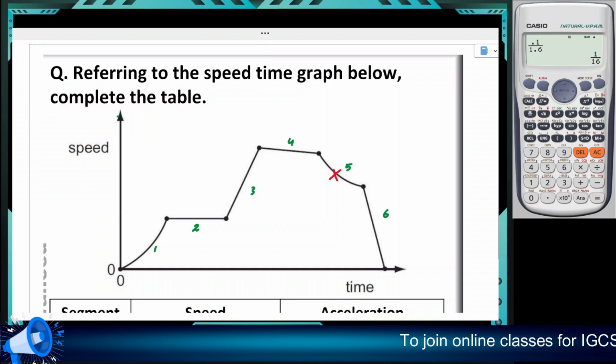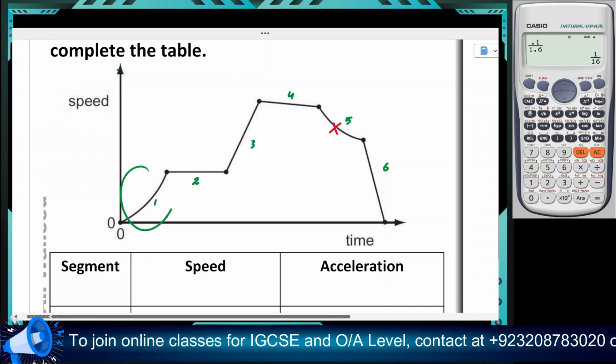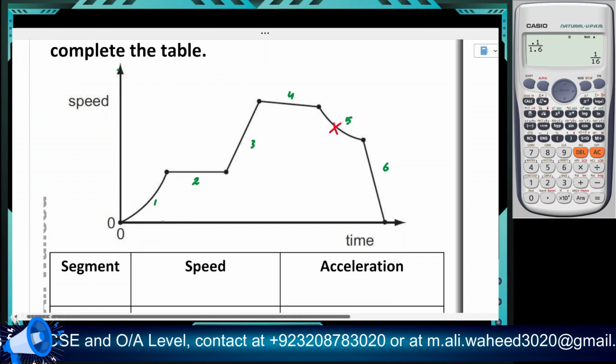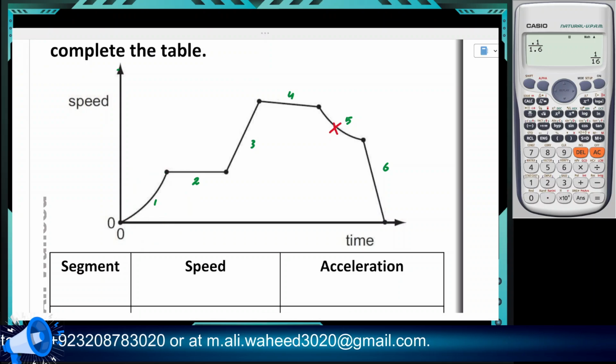We need to comment on two things. The first column is for the speed, the second column is acceleration. In segment 1, in this part, what happens to the speed and what happens to the acceleration, this is what we have to point out.